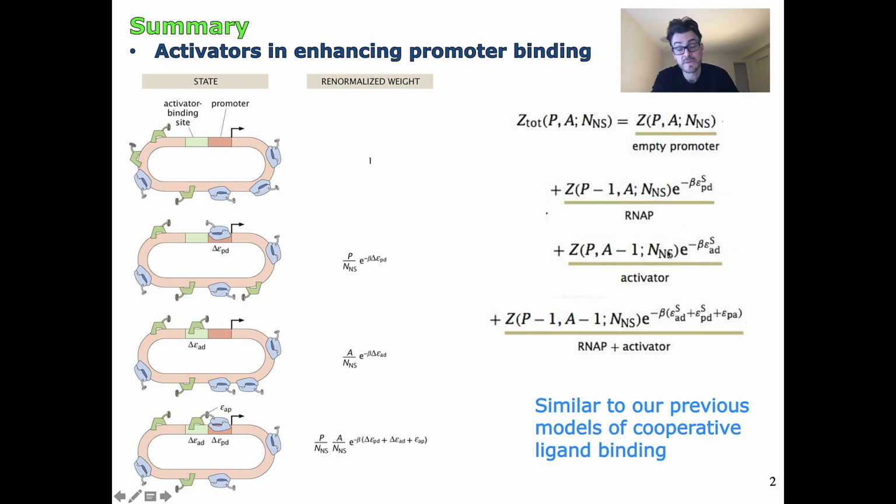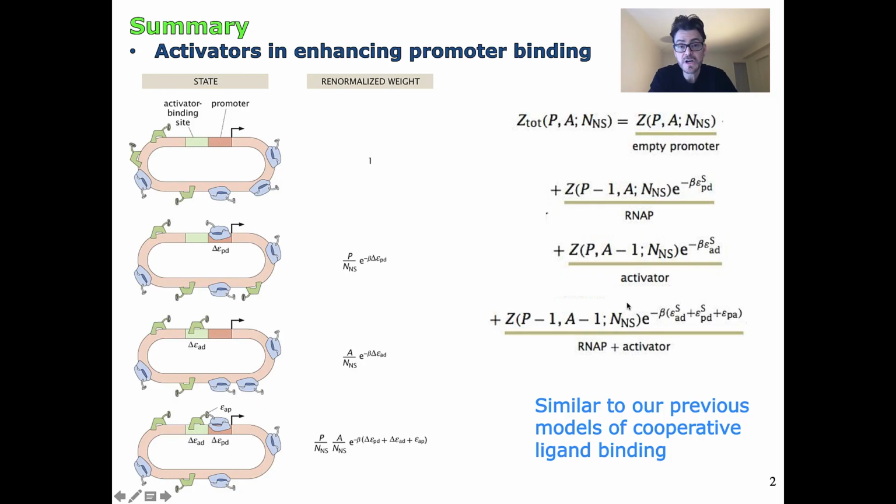That is, what that means is that there's extra affinity for those proteins to be at that particular location of DNA. They've essentially evolved to have high affinity at those locations. And the last term is the partition function when both the polymerase and the activator are bound to their respective sites, which gets a specific energy for both proteins and an interaction energy between those proteins.